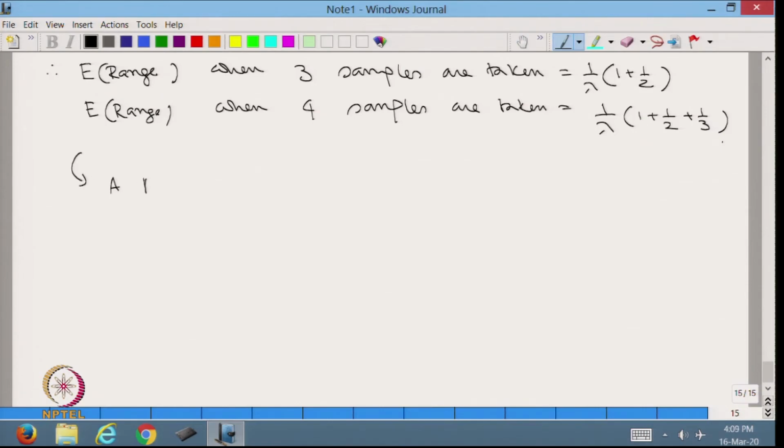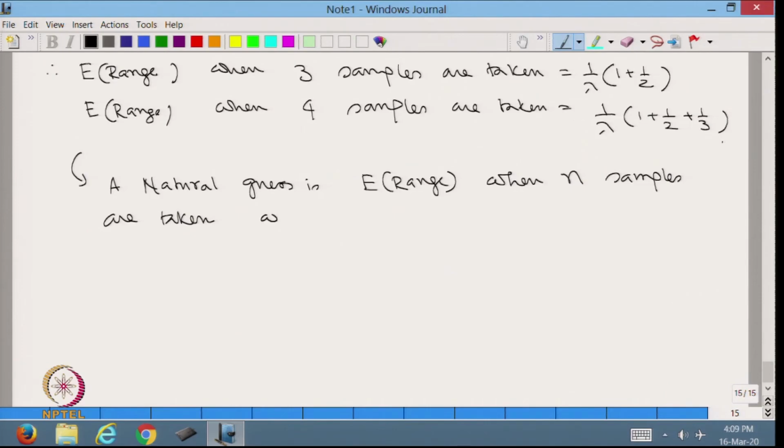A natural guess is that the expected value of range when n samples are taken will be 1 by lambda into 1 plus half plus up to 1 upon n minus 1.